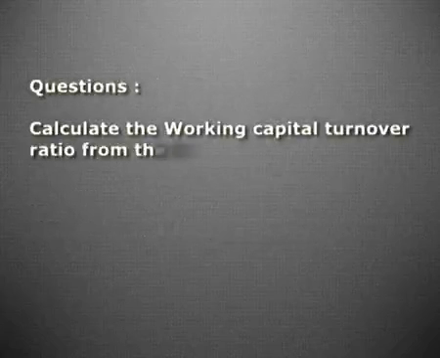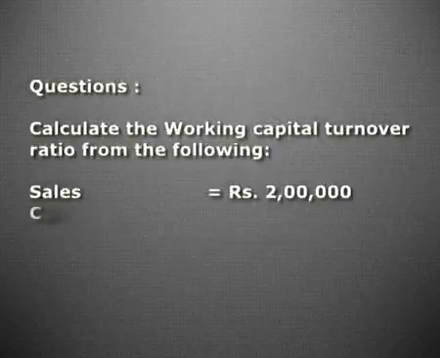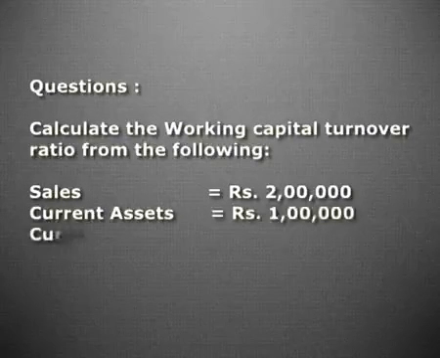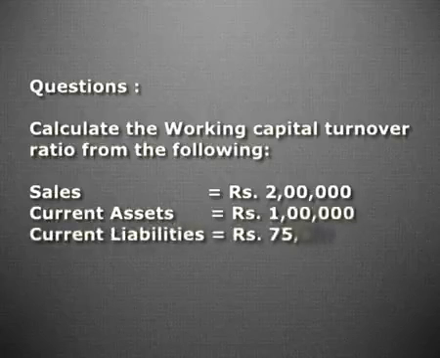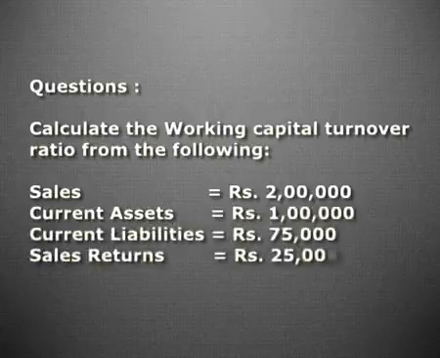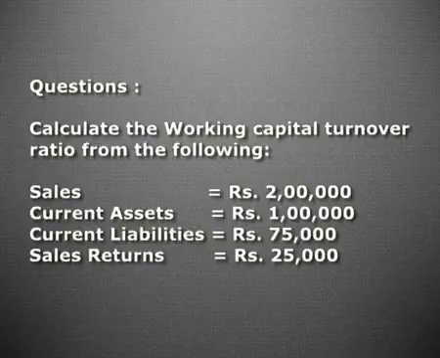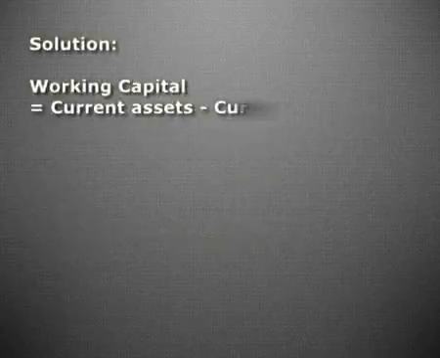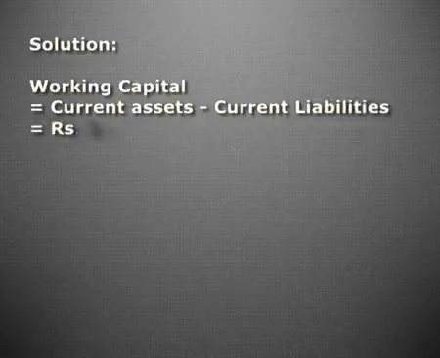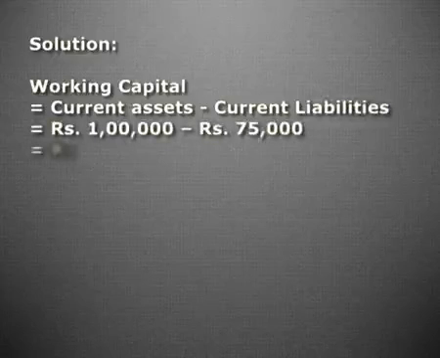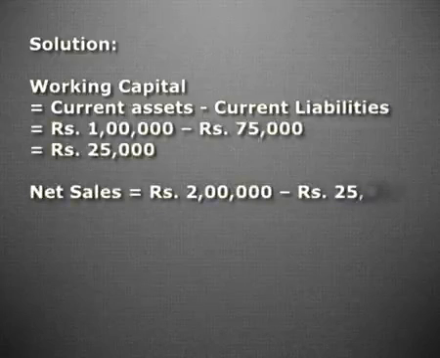Question: calculate the working capital turnover ratio from the following. Sales is equal to rupees 2 lakhs. Current assets is equal to rupees 1 lakh. Current liabilities is equal to rupees 75,000. Sales returns is equal to rupees 25,000. Solution: working capital is equal to current assets minus current liabilities is equal to rupees 1 lakh minus rupees 75,000 is equal to rupees 25,000.